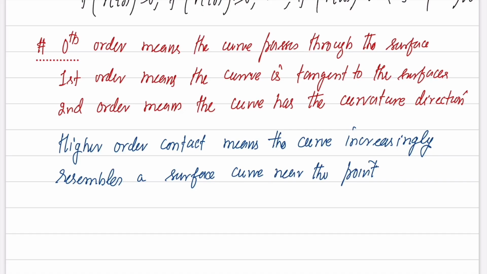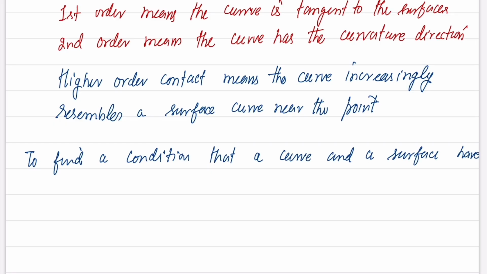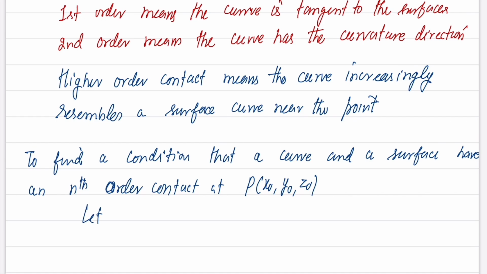Now here we will try to find the condition that a given curve and a surface have a contact of order n. So to find a condition that a curve and a surface have an nth order contact at a point P, say with coordinates x naught, y naught, z naught, let the curve R have coordinates x of t, y of t, z of t.